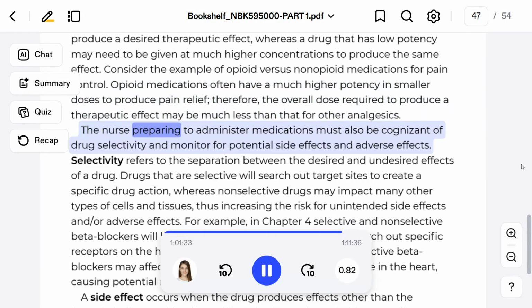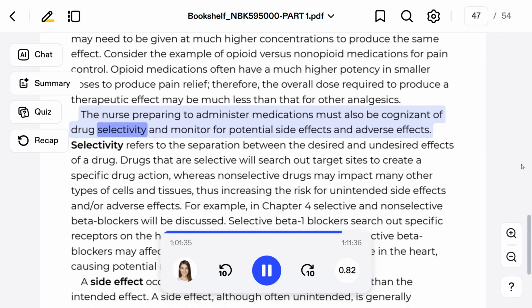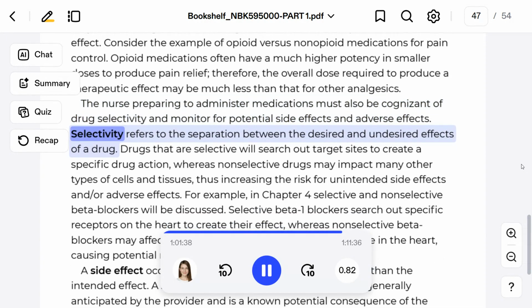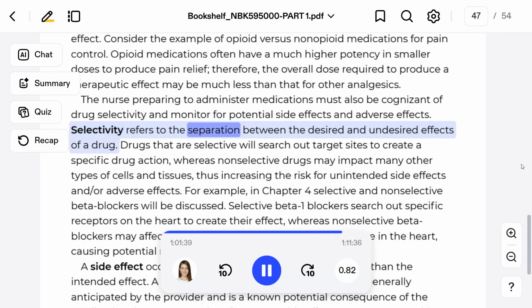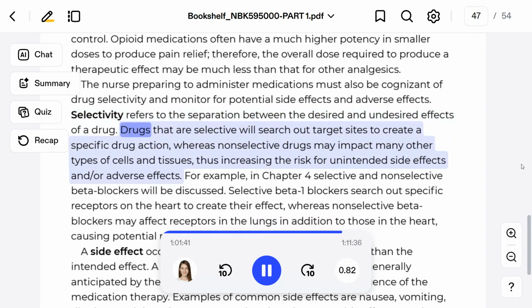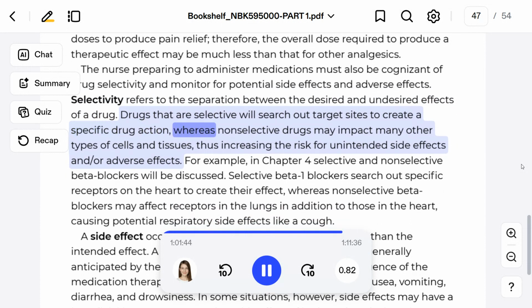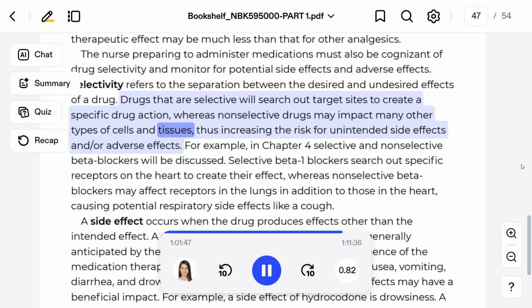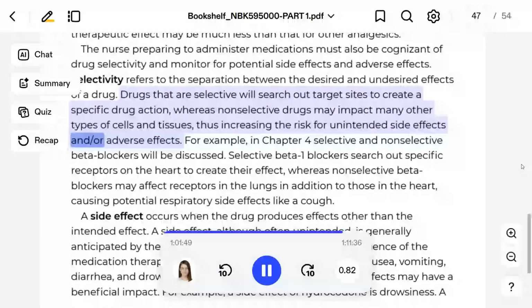The nurse preparing to administer medications must also be cognizant of drug selectivity and monitor for potential side effects and adverse effects. Selectivity refers to the separation between the desired and undesired effects of a drug. Drugs that are selective will search out target sites to create a specific drug action, whereas non-selective drugs may impact many other types of cells and tissues, thus increasing the risk for unintended side effects and/or adverse effects.